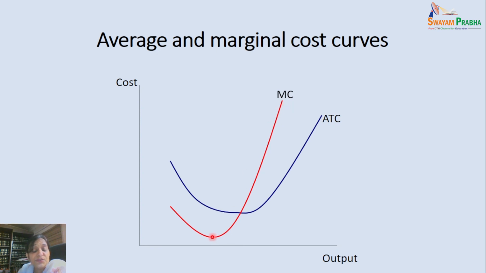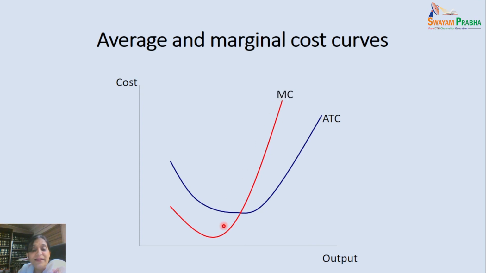And again you see, when your average cost is falling, your marginal cost is below your average cost curve. When your average cost is rising, marginal cost is above your average cost curve.